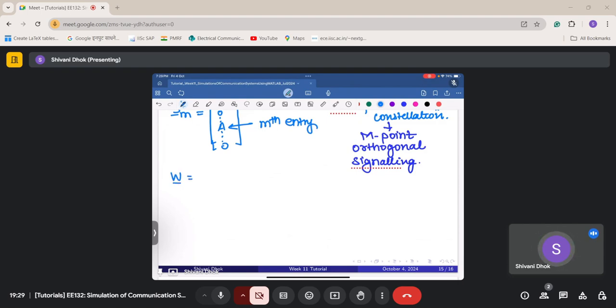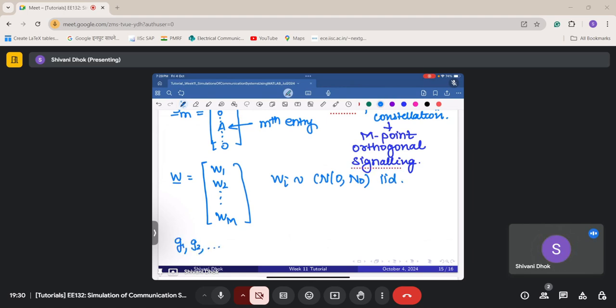Let's have this noise vector as w1, w2 and so on till wm, and this wi be again CN 0 comma n naught iid, and let's have this g1, g2 and so on till gm, again CN 0 comma sigma g square iid scaling.